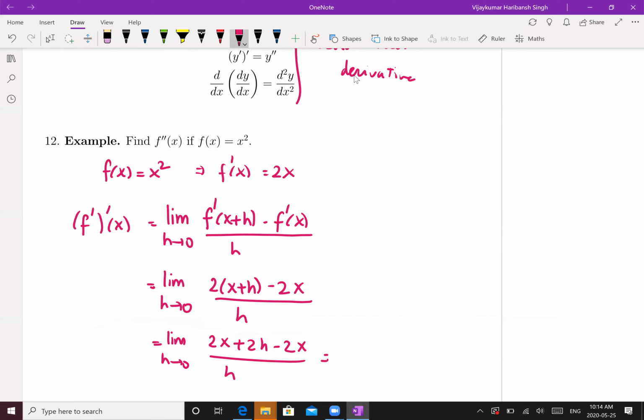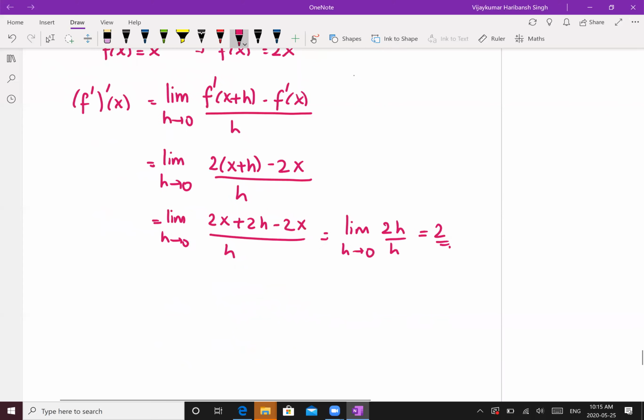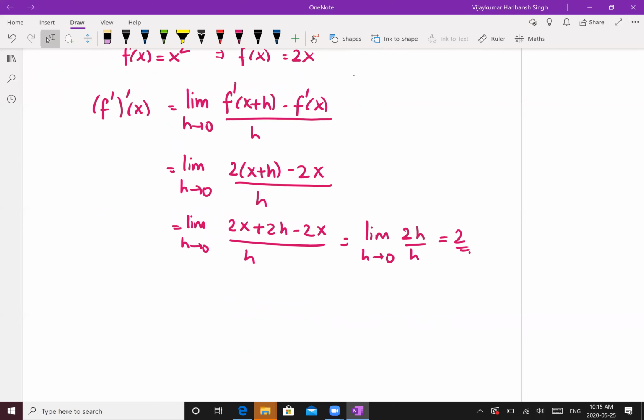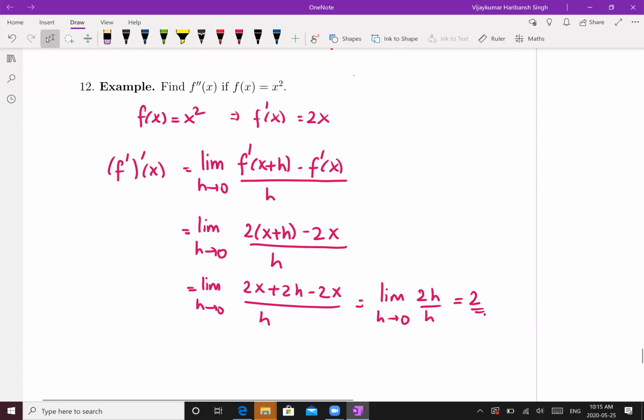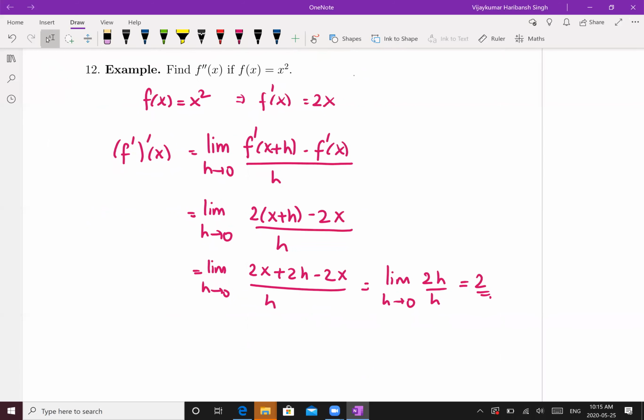And that will give me the limit as h goes to 0 of 2h over h, which is 2 after cancellation. So f double prime of x for this function is 2.